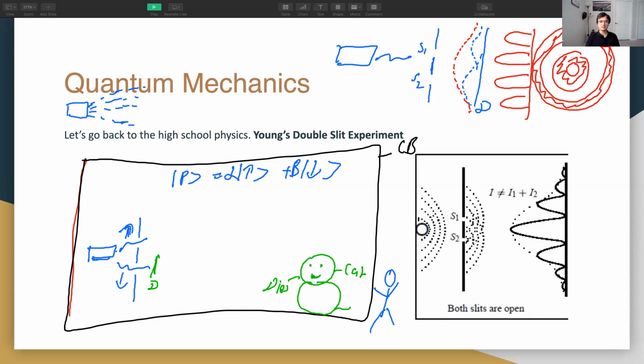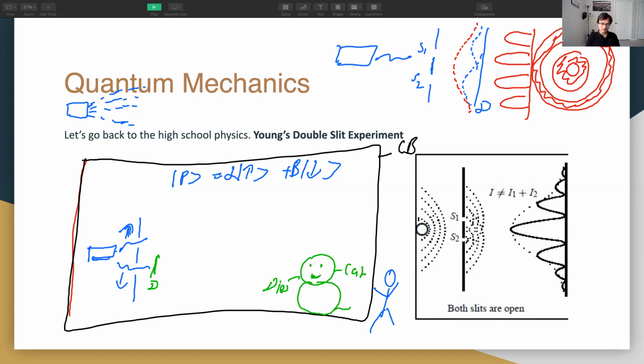For me outside, this is still a black box, so I can't see what's happening inside. So for me, my cat is dead and alive at the same time, because the wave function of the photon passing through the upper slit and the lower slit is existing at the same time.